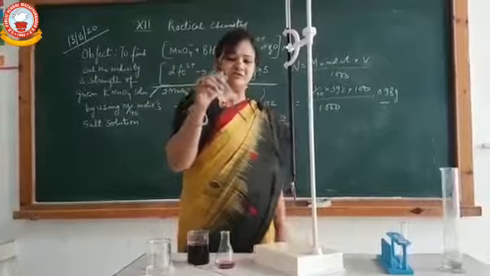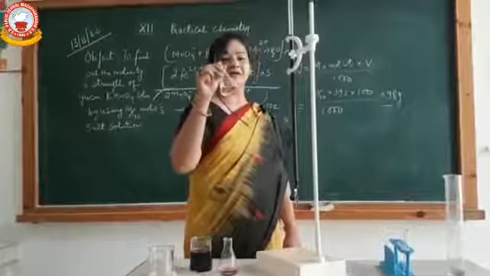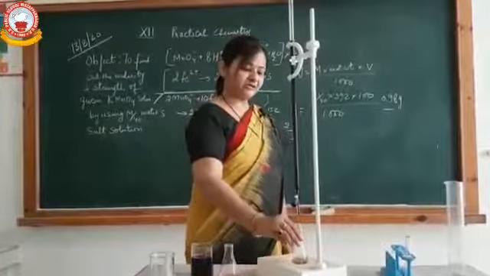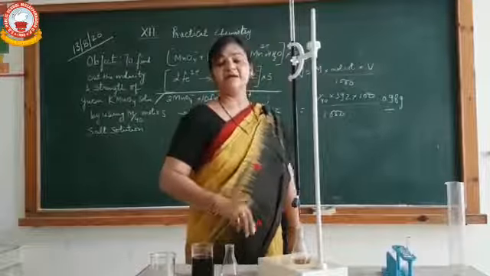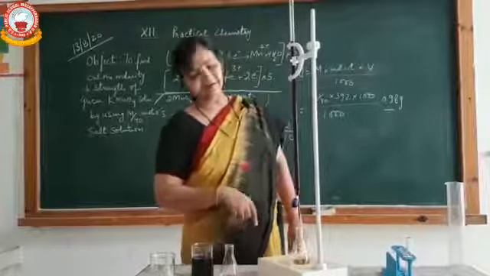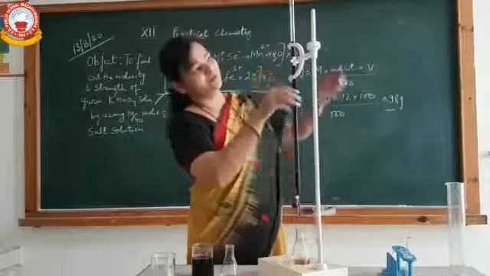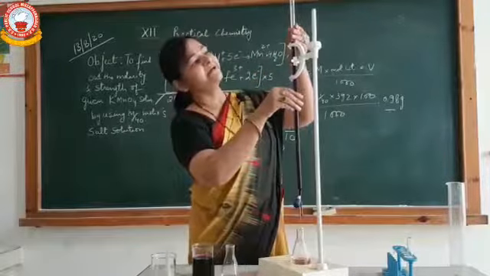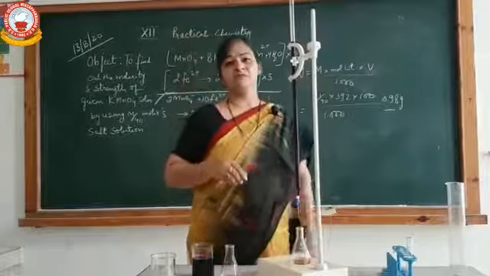You have to just see a tinge of pink color which will show the completion of the reaction. This color is sufficient, and at this color you will just note down the reading, and here it is 10.2.